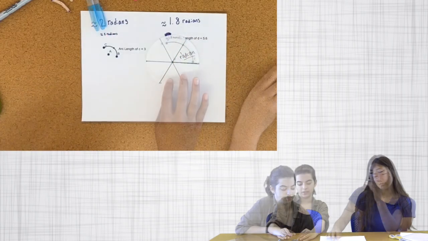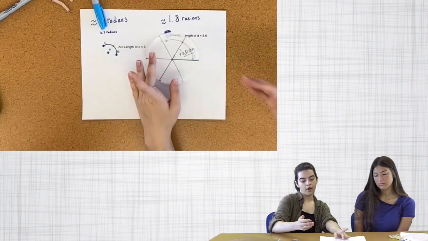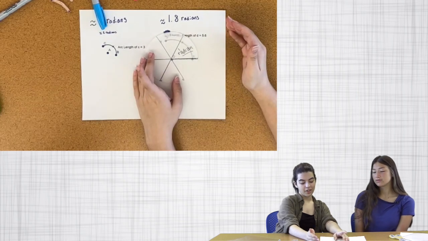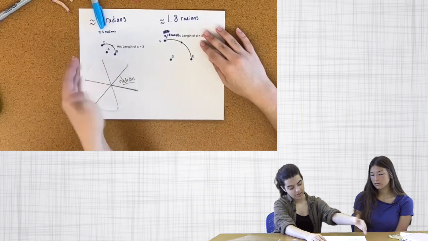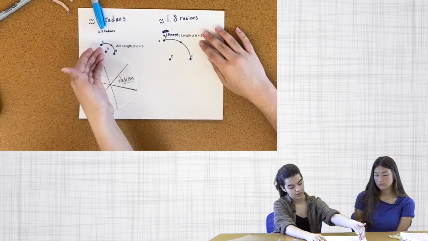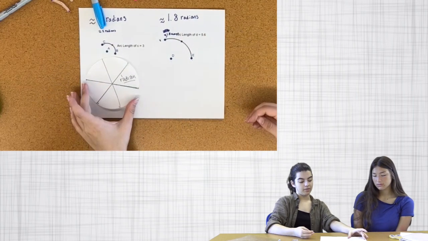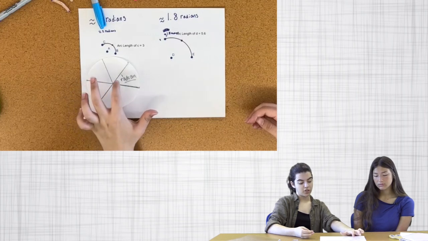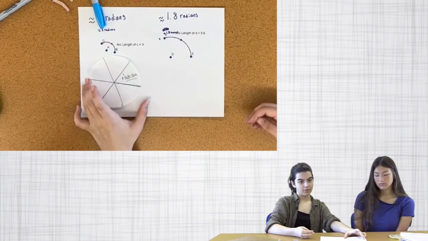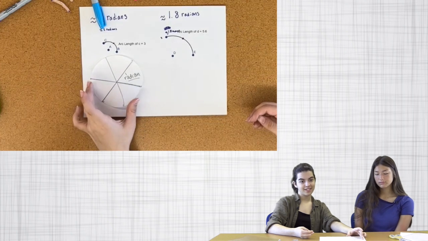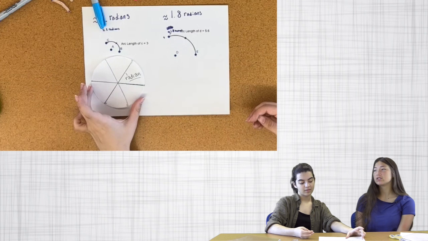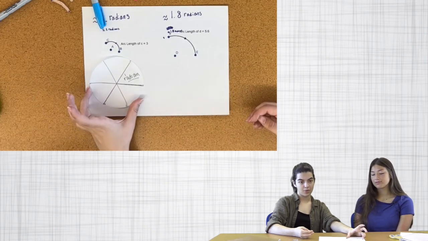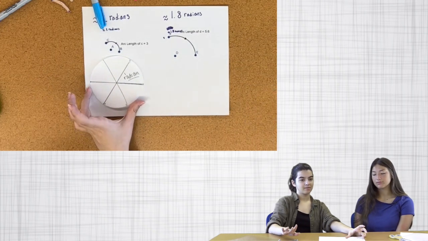Even though the arc length of each radian is bigger on this circle than on this one, they have the same angle measure per radian. So every radian has the same angle measure? Yeah, because it's always going to be split into about sixths. So a radian is a radian is a radian.